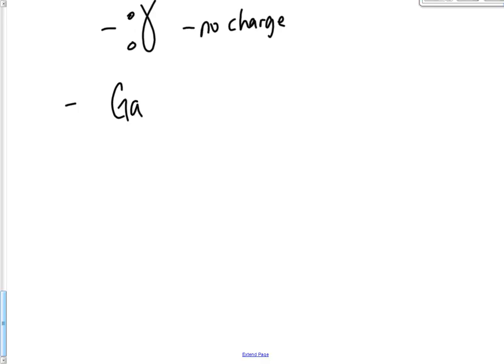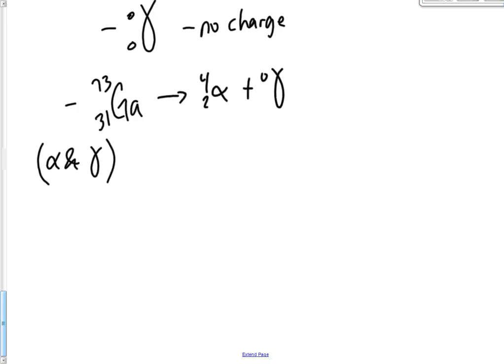So if we had gallium 73, and we want to put that through alpha and gamma radiation, you're going to draw your alpha particle and your gamma particle, right? And then you're going to do the same kind of math. 73 minus 4 minus 0 gives you 69.